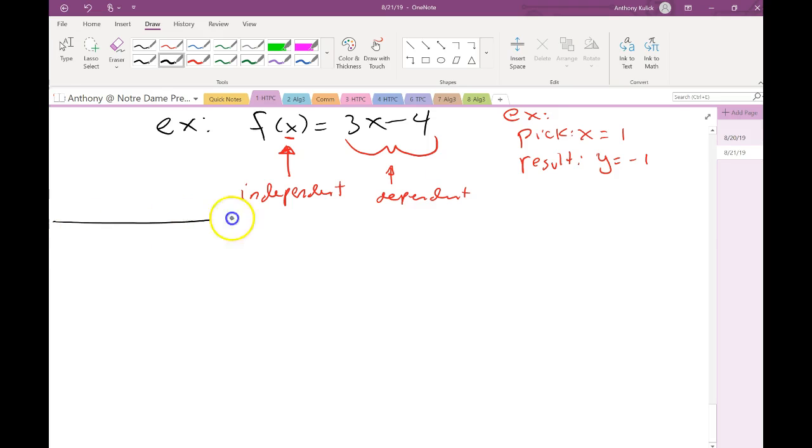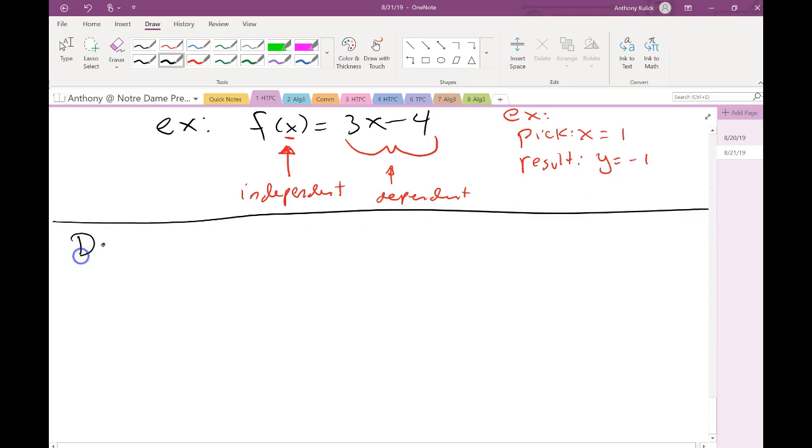Next up is domain and range. And to describe these, we're going to use something called interval notation.